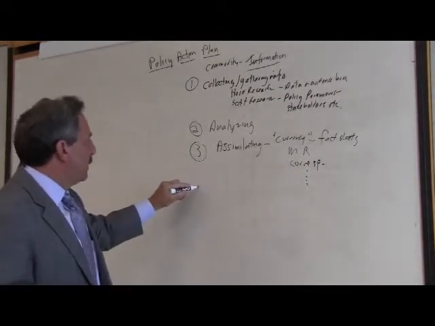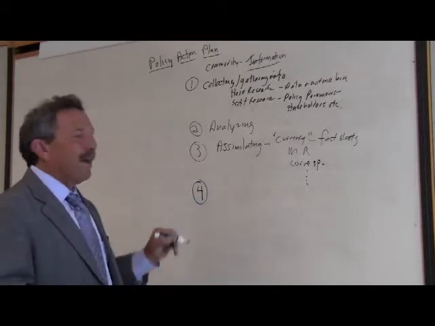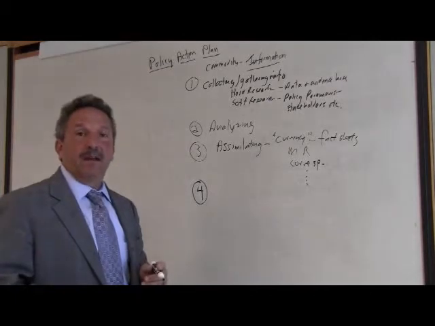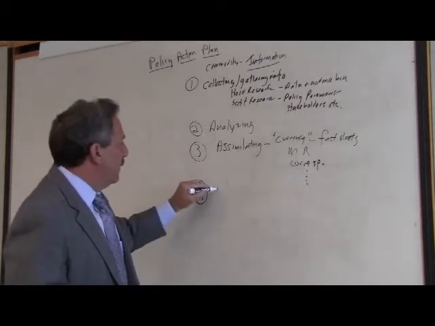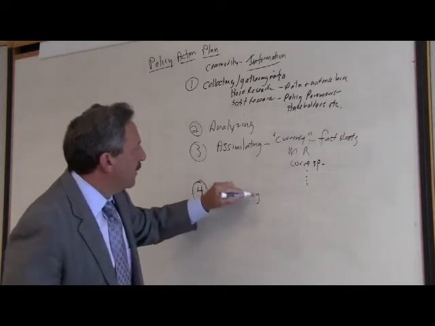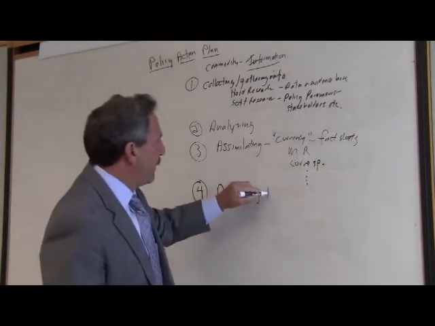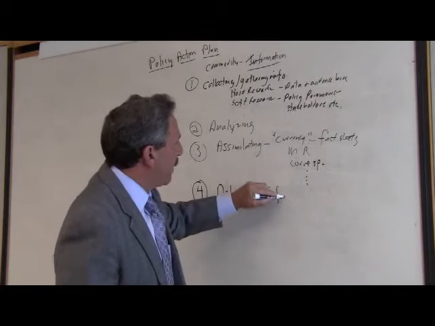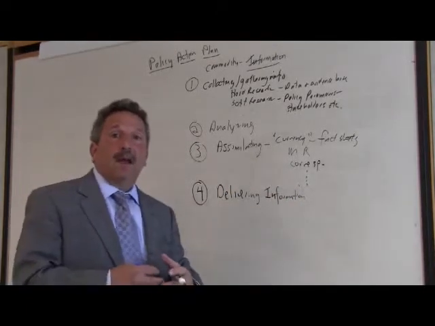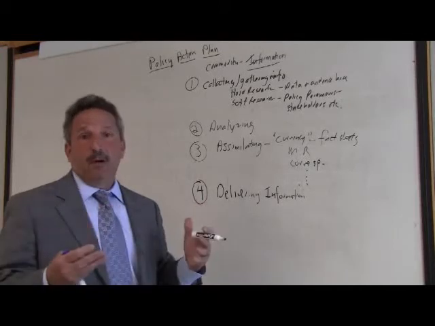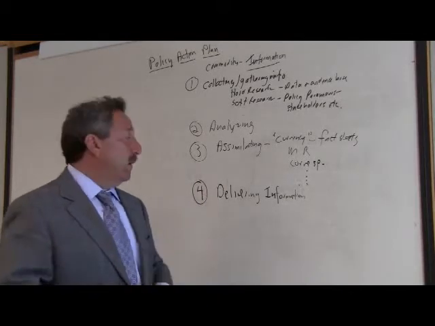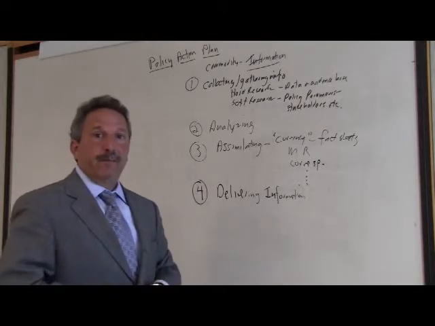Today, we talk about the last step in the policy action planning process, and that would be delivery. Delivering information. And like the other modules, I have created a framework by which we can really analyze and discuss the delivery of information.